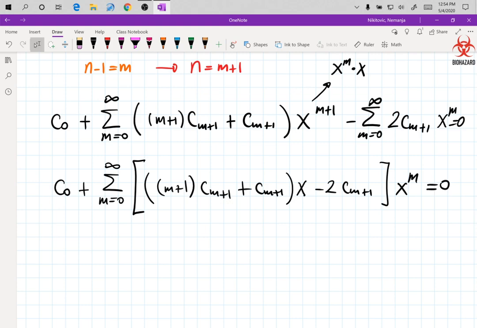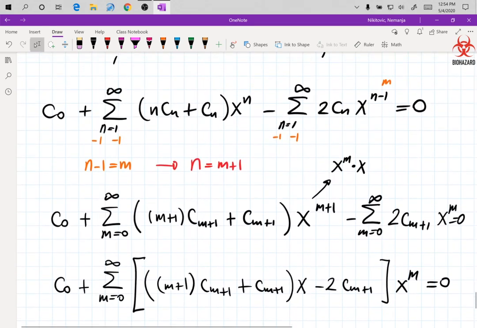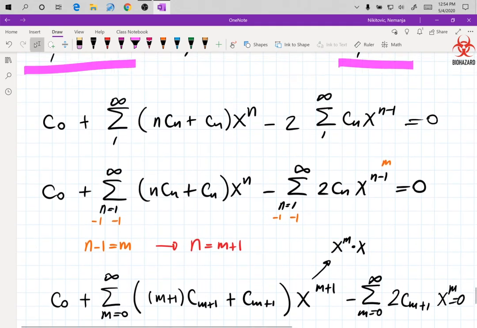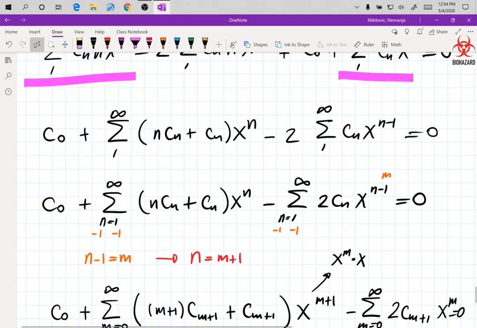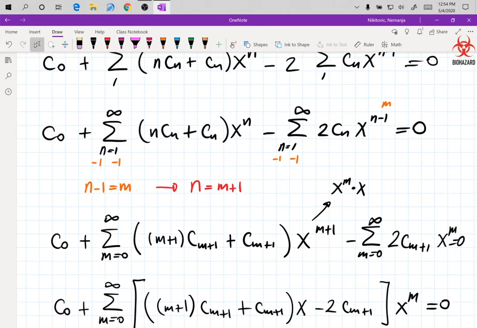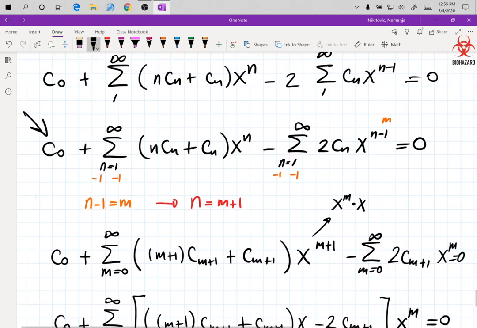Three lines up from the bottom, it seems like n just disappeared. Are you talking about this step here? The one above it.